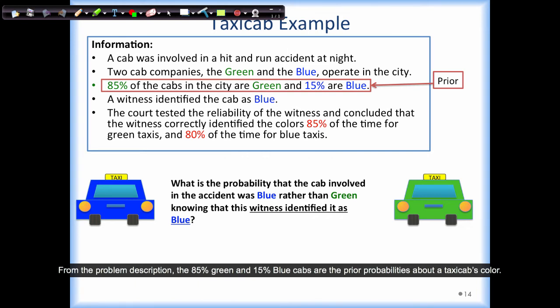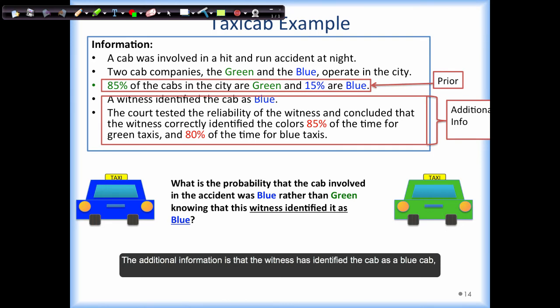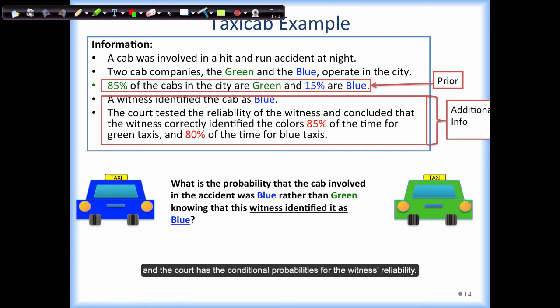From the problem description, the 85% green and 15% blue cabs are the prior probabilities about a taxicab's color. The additional information is that the witness has identified the cab as a blue cab, and the court has the conditional probabilities for the witness reliability.